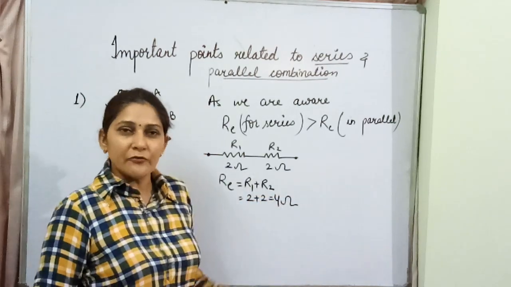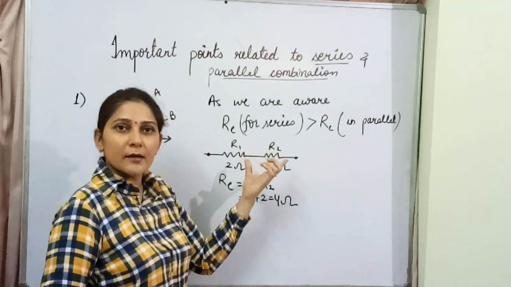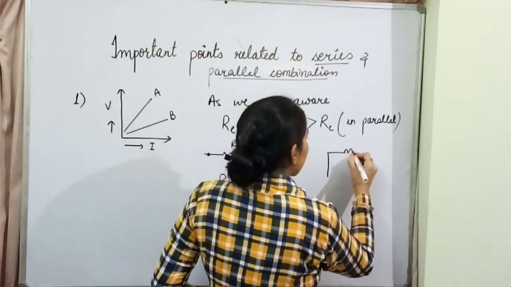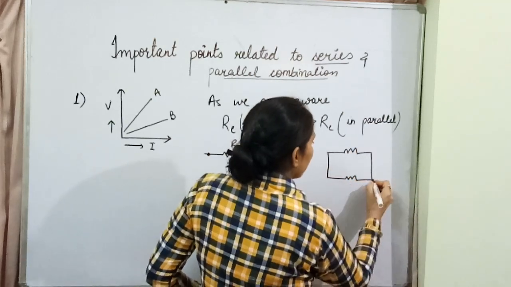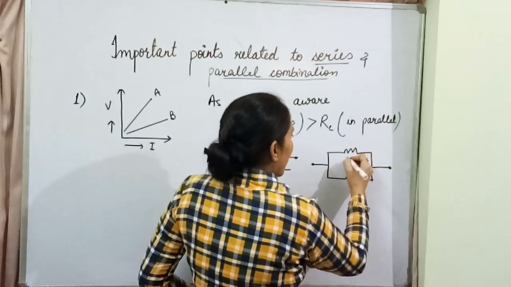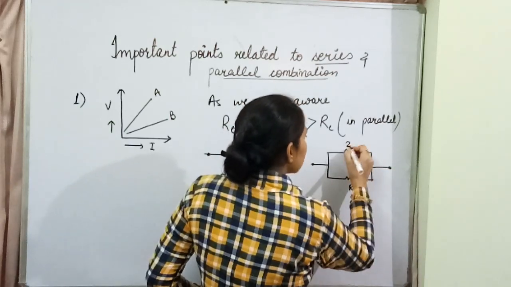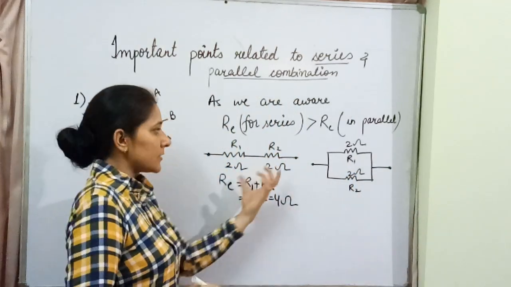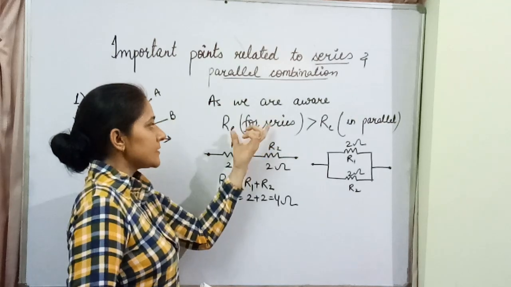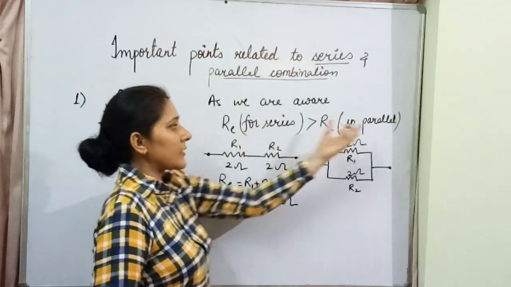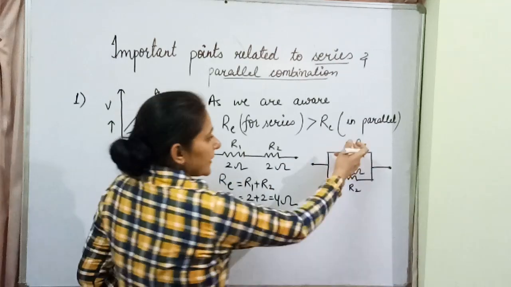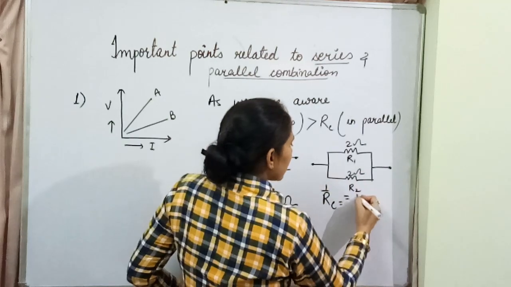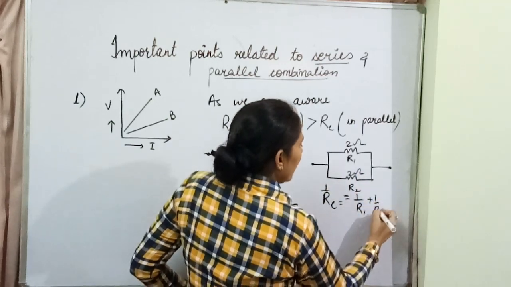But what if these two resistors are connected in parallel? We can draw this kind of diagram, and these two are connected in parallel. This is R1, this is R2, this is of 2 ohm, this is of 2 ohm. When they are connected in parallel, the equivalent resistance is given by 1 upon R equivalent is equal to 1 upon R1 plus 1 upon R2.